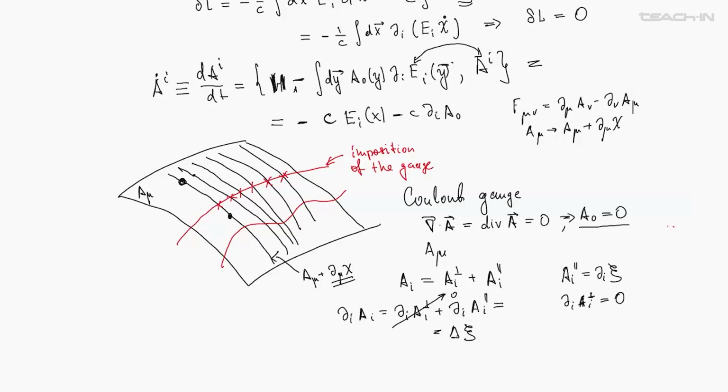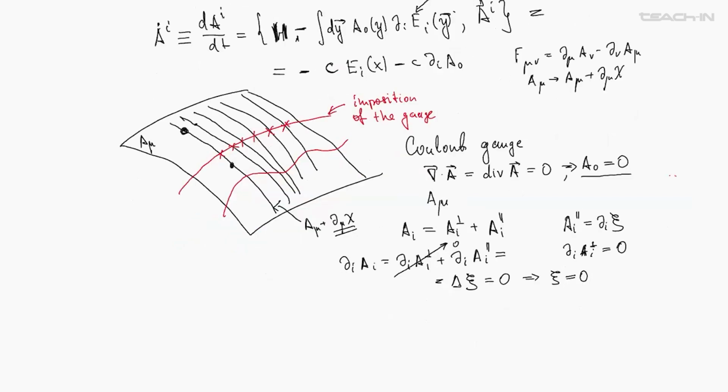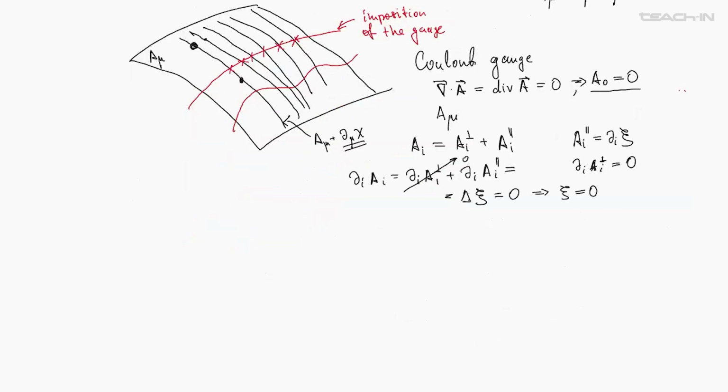So if you impose the Coulomb gauge, that means that you put it to 0 in the whole space, and as a result, in the whole space, the Laplace equation has only the trivial solution, psi is equal to 0 in the whole space. That is the unique answer of the Laplace equation, with no boundaries in the full space and vanishing boundary conditions at infinity.